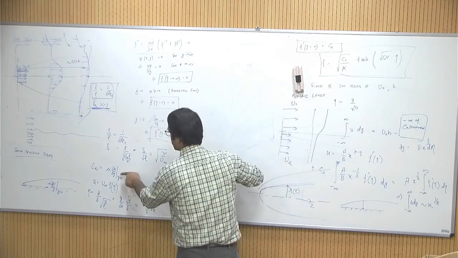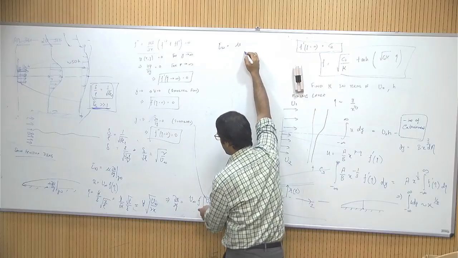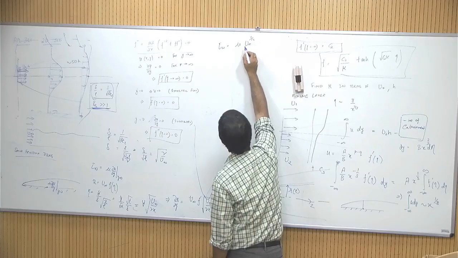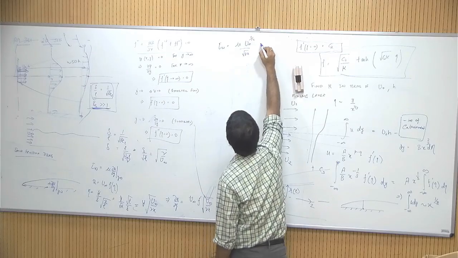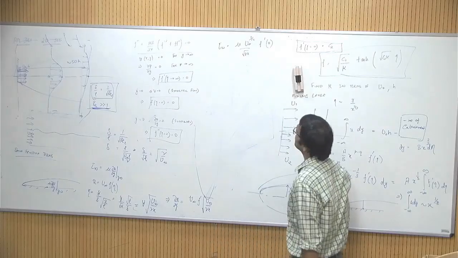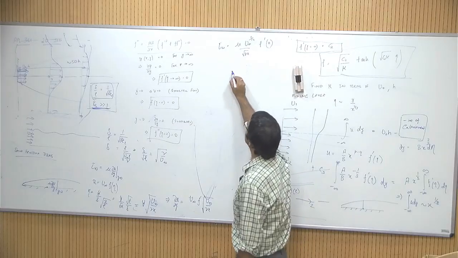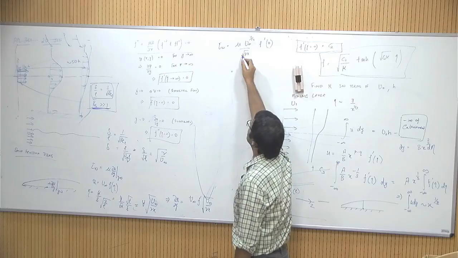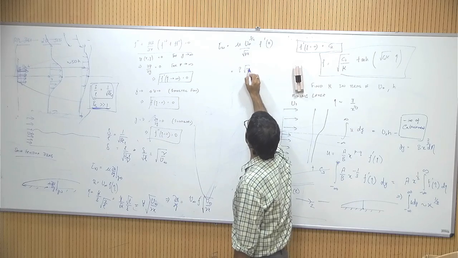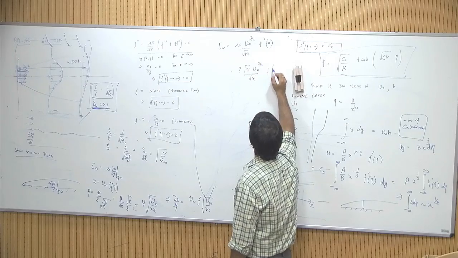If you substitute this in the tau w expression, tau w is mu times del u by del y at y equal to 0. So that is mu u infinity to the power 3 by 2 by square root of nu x times f prime at y equal to 0. What is eta? Eta is 0. Now mu is rho times nu, and one nu cancels out, so you have rho square root of nu u infinity to the power 3 by 2 by square root of x times f prime 0.